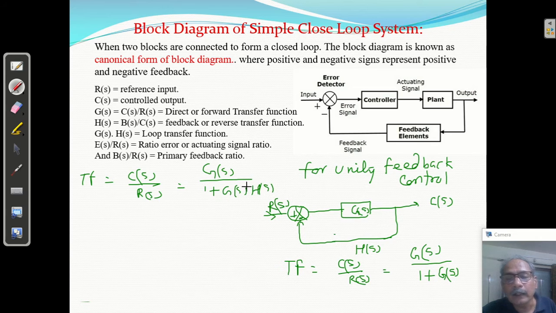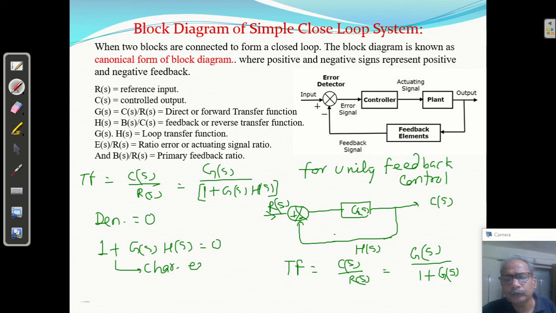Now here in this transfer function, if the denominator term, 1 plus or minus G of S H of S, whatever is there, is equated to 0, this is known as the characteristic equation.